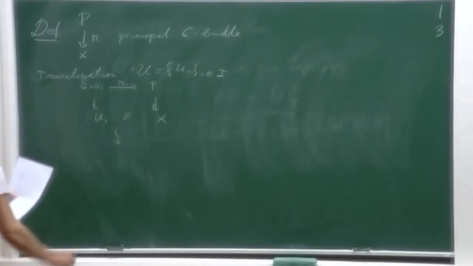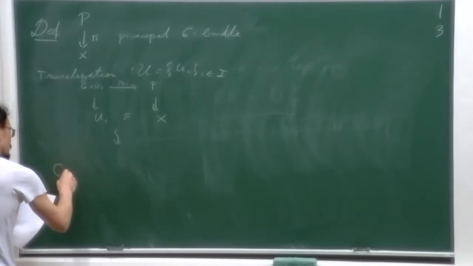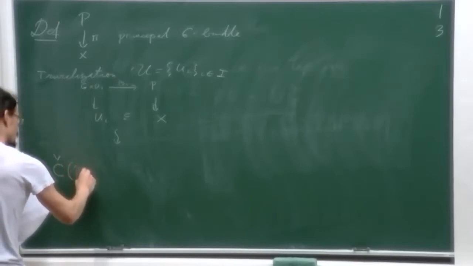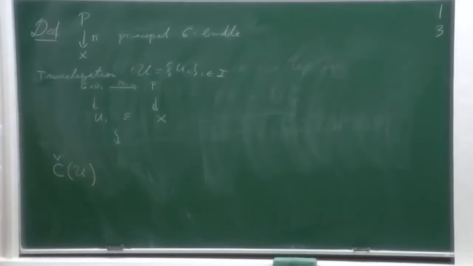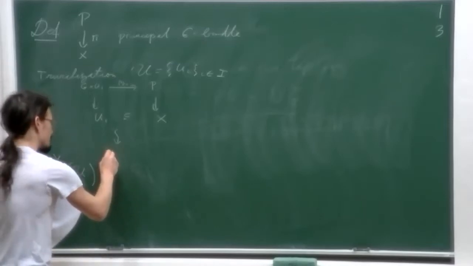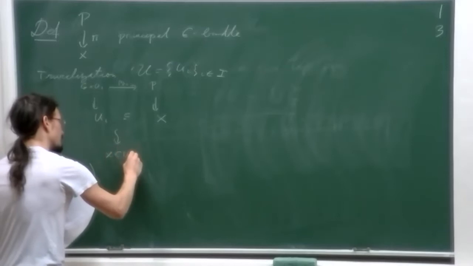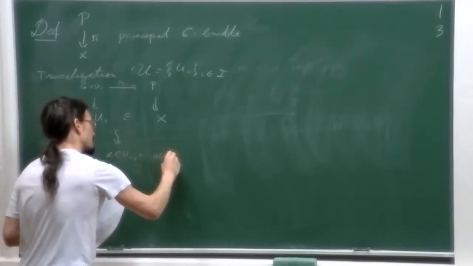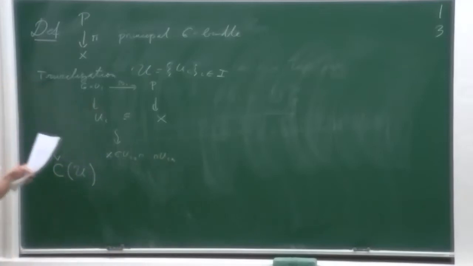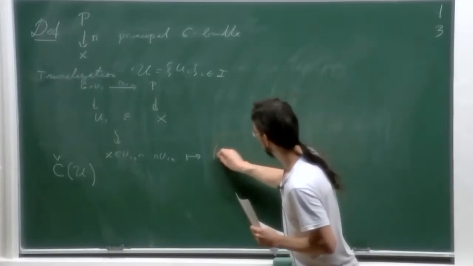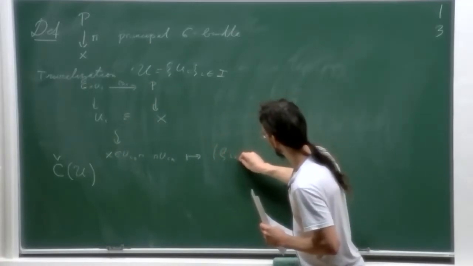So we can look at the n-th term of the Čech complex on U. And then if you take x from U_i0 intersect through U_in, then you can send that to the tuple given by the transition maps.